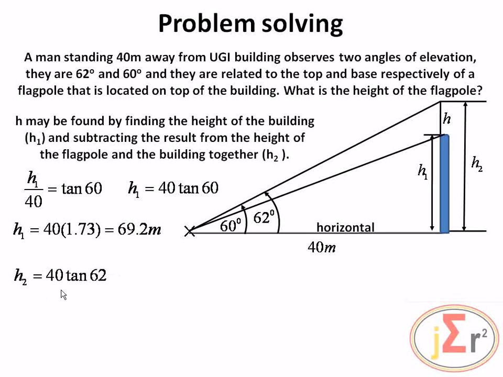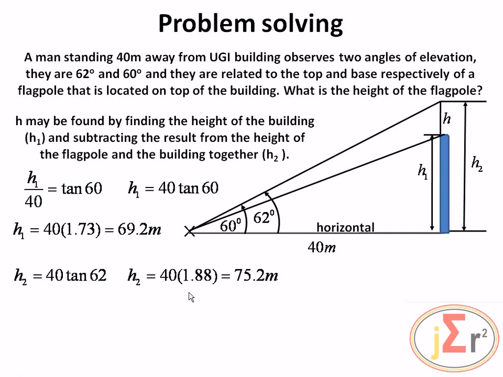Now we need to find the other one. Instead of going through all of the charade of writing the formula again and doing our transposition again, we just go straight ahead and write h2 is equal to 40 tan 62, because it's going to be analogous to the one we have just calculated. The first one, h1, is 40 tan 60, so the next one should rightly be 40 tan 62.